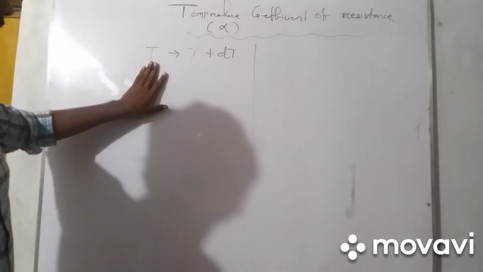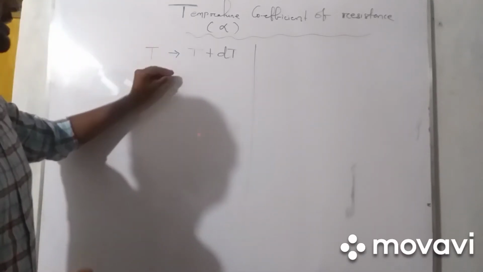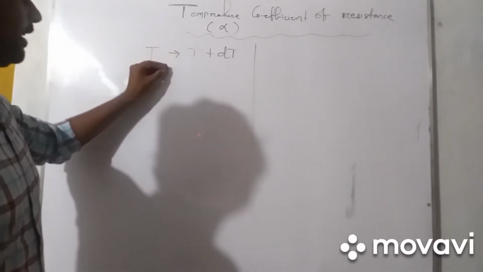At a particular given temperature, the material is placed, and while the temperature increases, it becomes T to T plus dt.